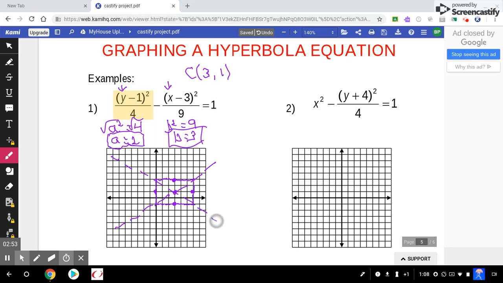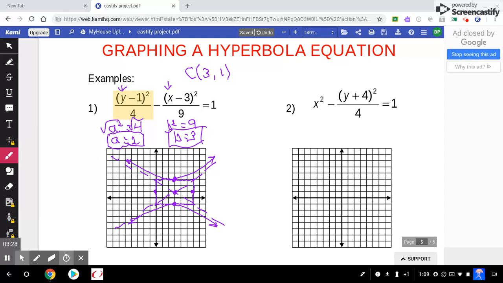And then since we've already established that the hyperbola is facing up and down, it's just a matter of me drawing from my vertex towards my asymptote, and the other half of the hyperbola, symmetrical of course, down here at the bottom. And bingo, got ourselves a hyperbola. So now technically the box shouldn't be there. Suppose you could go back and erase it if you wanted to. I'm going to leave it be.